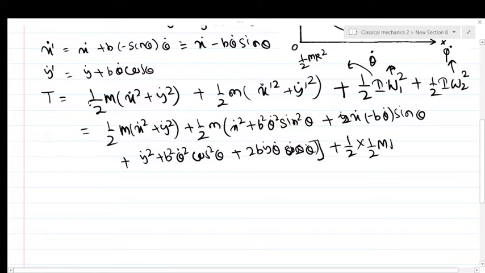Half capital M R square theta dot square plus half into half small m r square phi dot square.